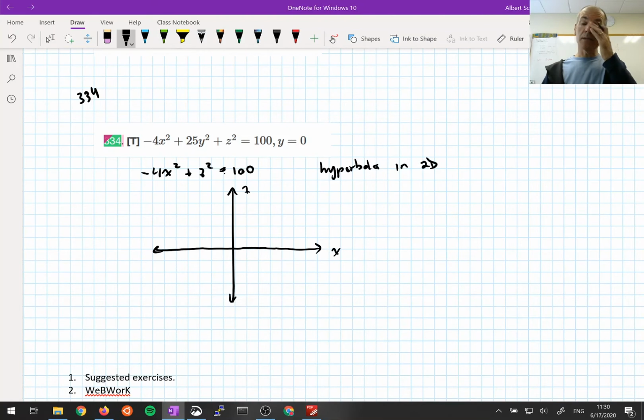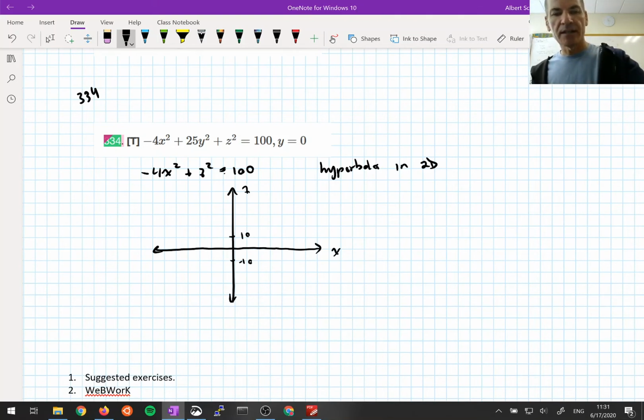Usually when I'm trying to plot hyperbolas, I just plug in a couple of points and I know generically how they should behave. So I'm going to look at x equals 0, for example. When x is equal to 0, z is plus or minus 10. And I'll just use a smaller scale here. And when x is equal to 1, then z squared is equal to 104, which is a little larger than 100.